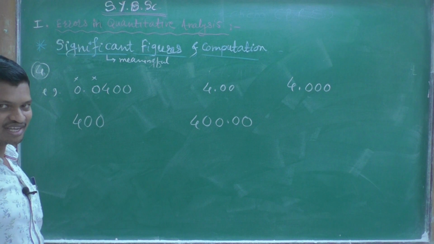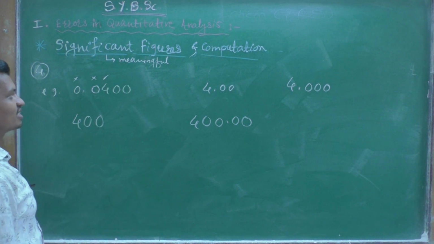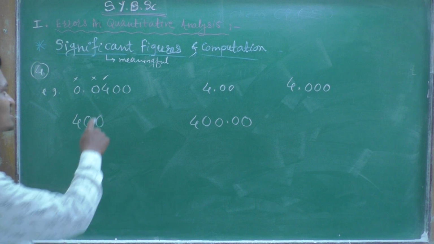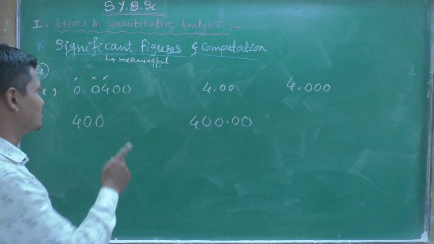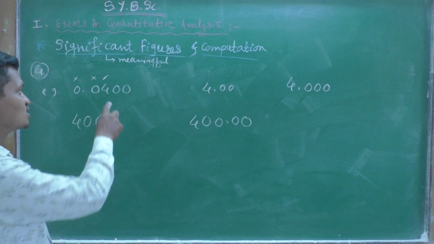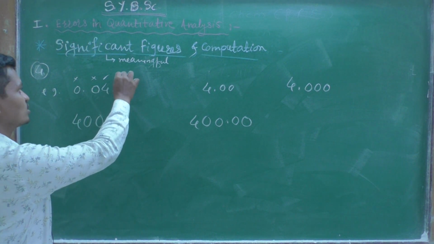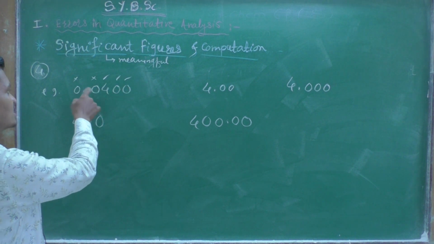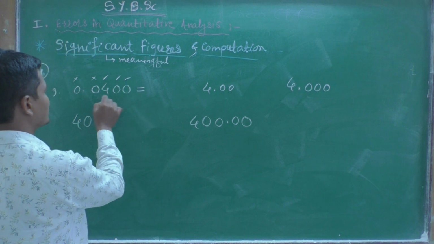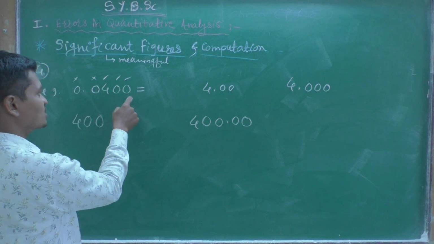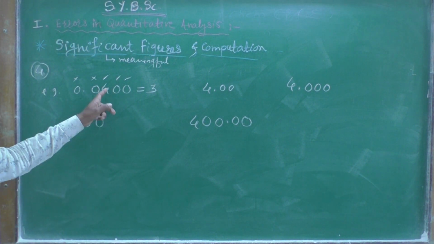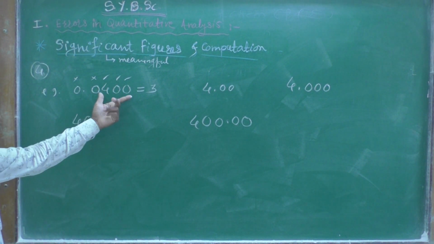This number is significant, and these two zeros after 4 are also significant. We cannot omit them. So the number of significant figures in 0.0400 is 3, namely 4, 0, 0.